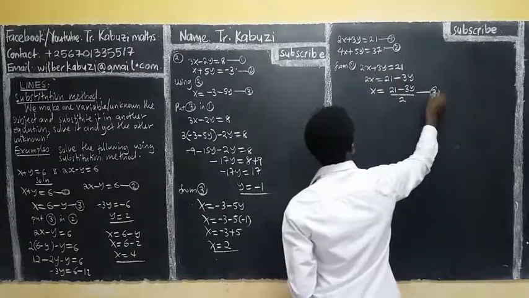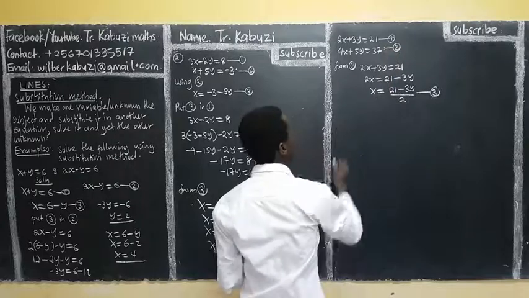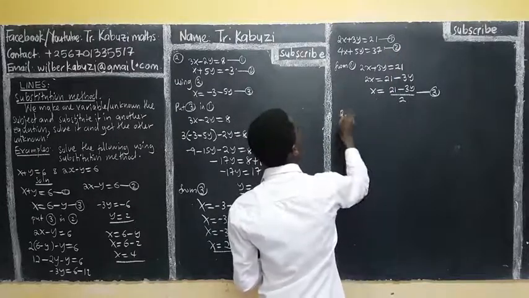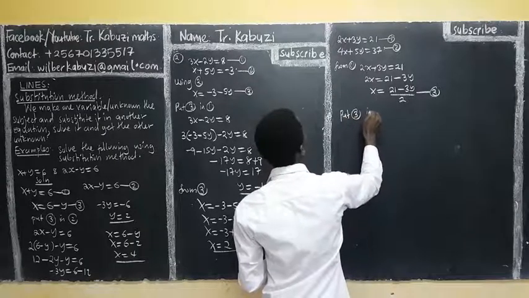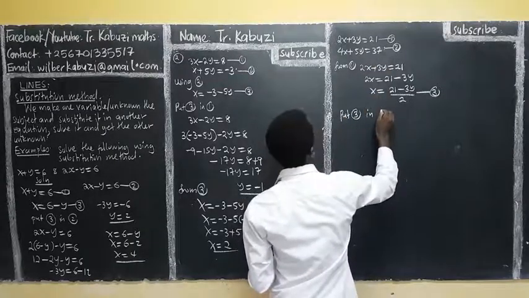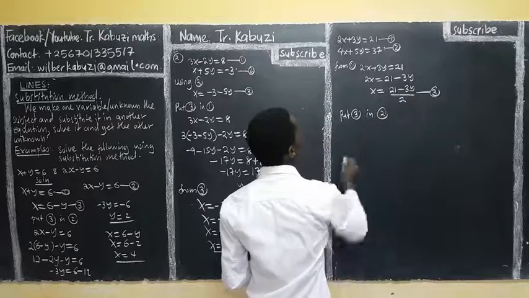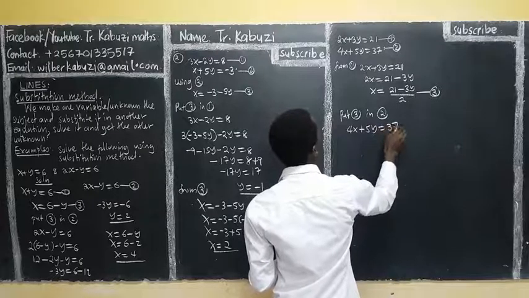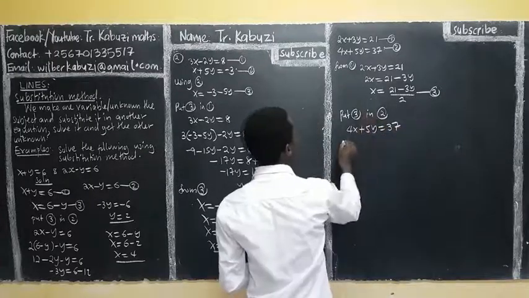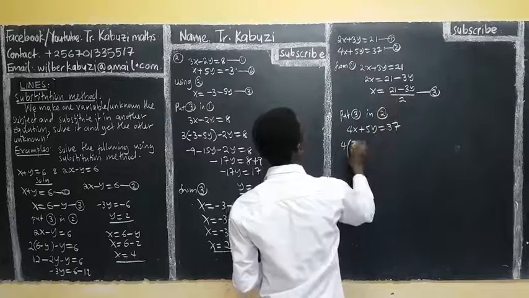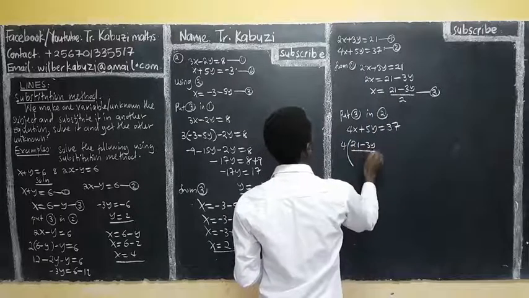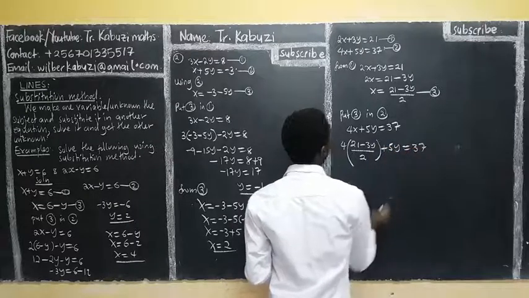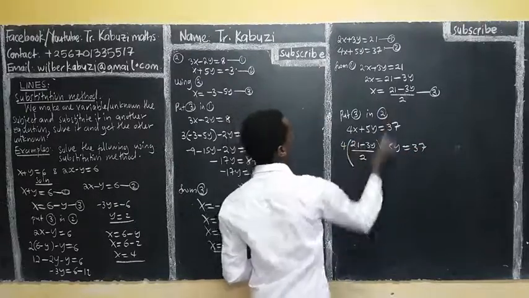Now substitute 3 in the one we have not used, which is equation 2: 4x plus 5y equals 7. Putting in x, 4 into (21 minus 3y) over 2, plus 5y equals 7.